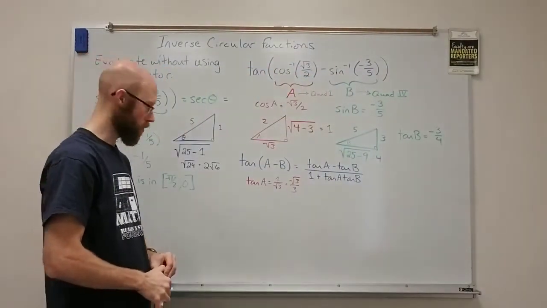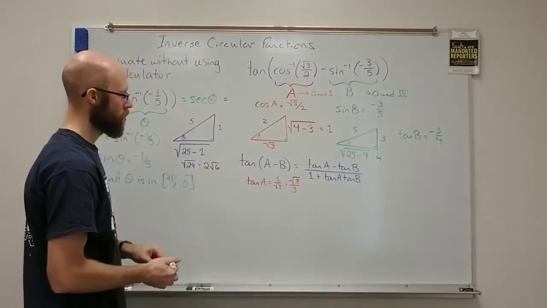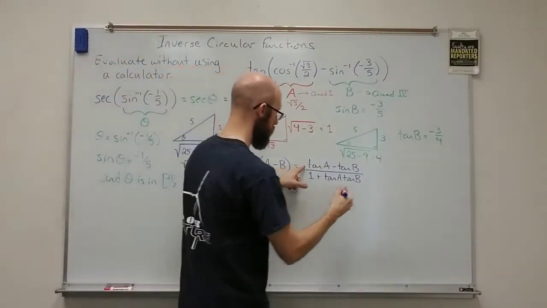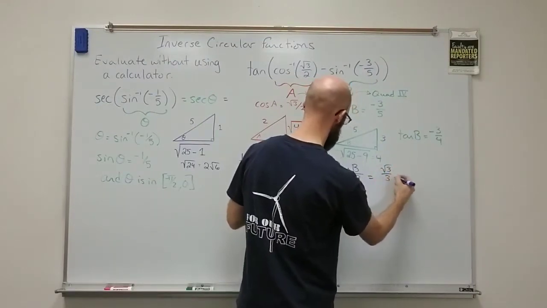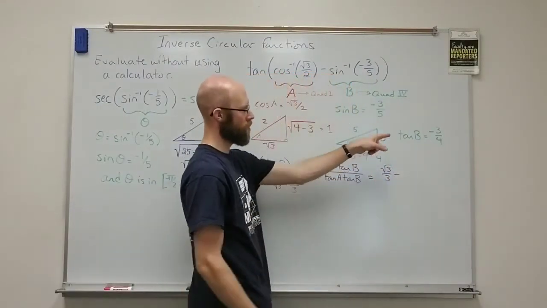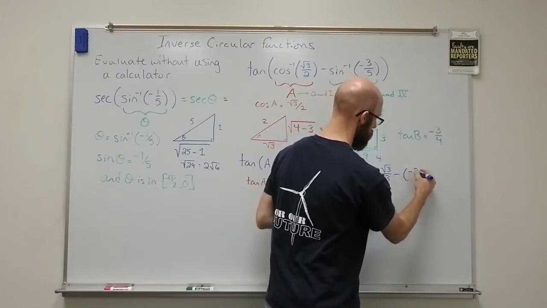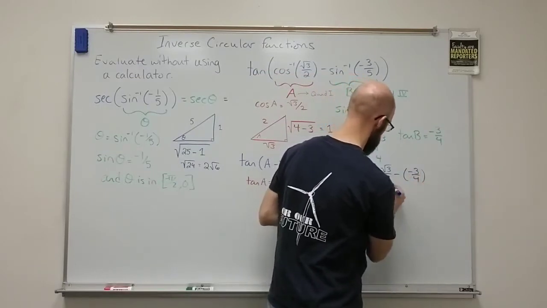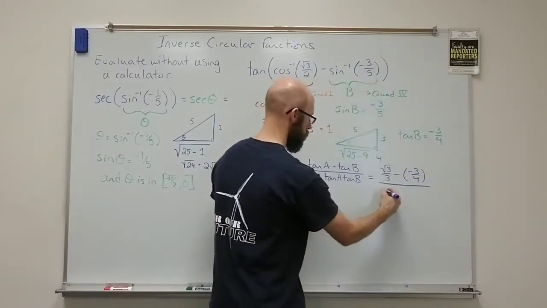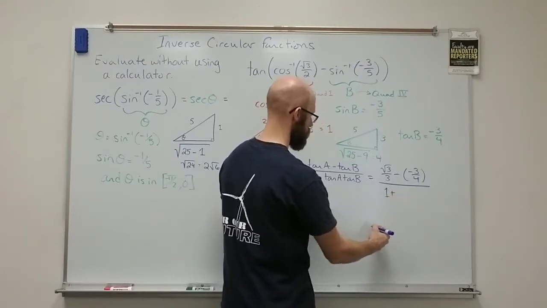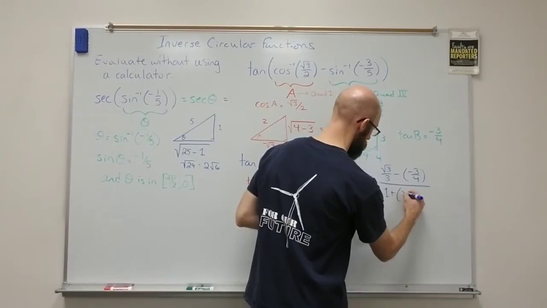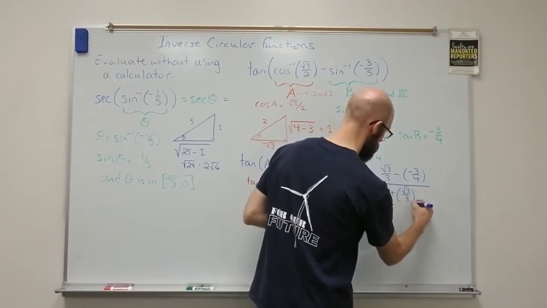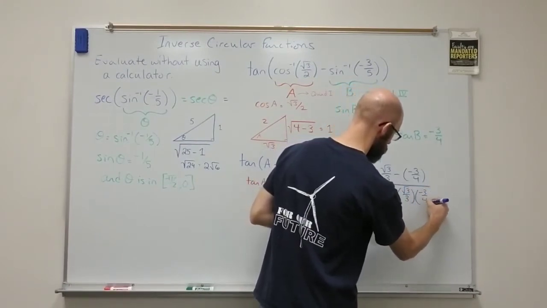Now I have to plug everything in. So my tangent of A is going to be root 3 over 3 minus the tangent of B, which is negative 3/4, all over 1 plus the product of those two values, those two tangents. So it's root 3 over 3 times negative 3/4.